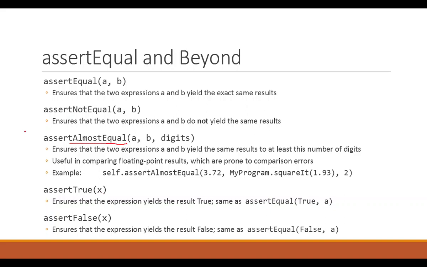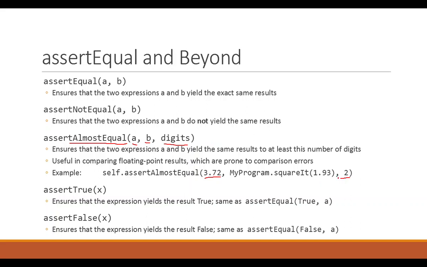But this one's kind of cool: almost equal. When you're comparing the results of floating point math, you often get comparison errors. So there's this thing called assert almost equal that says, I'm going to give you your two expressions, but then I'm going to say they're equal to a certain number of digits. As long as they're the same to this many digits of accuracy, I don't care if there's a little rounding error on the far side. So for instance, I can say assert almost equal, I think it's going to be 3.72, and as long as I compare it to 2 digits, that should be fine.